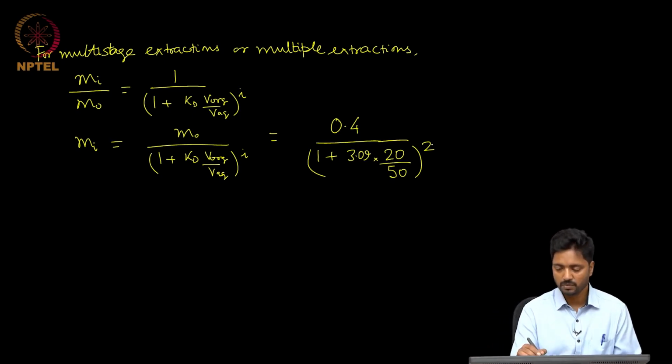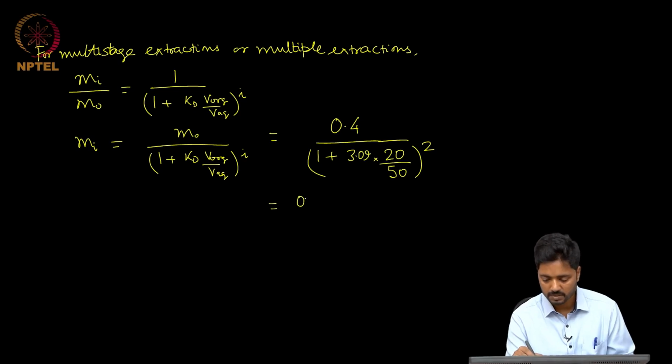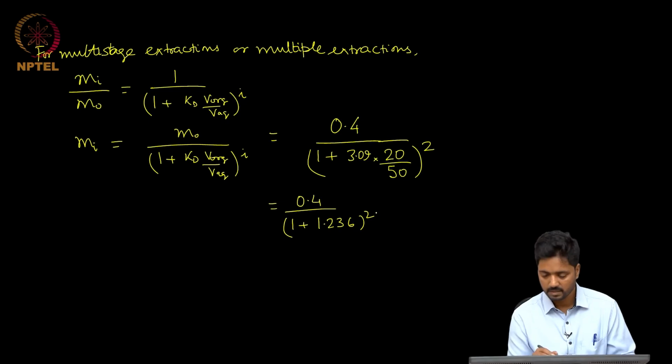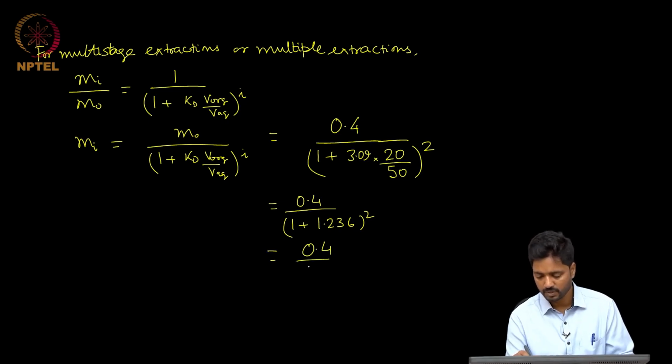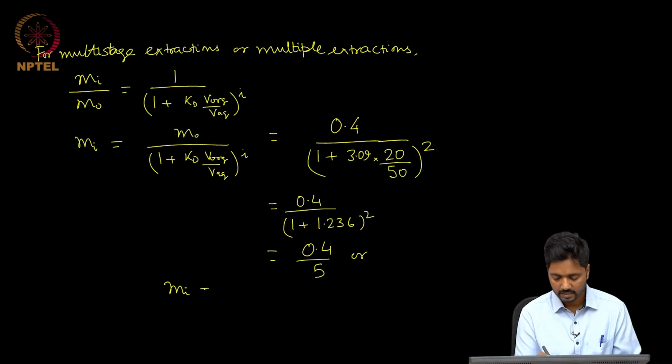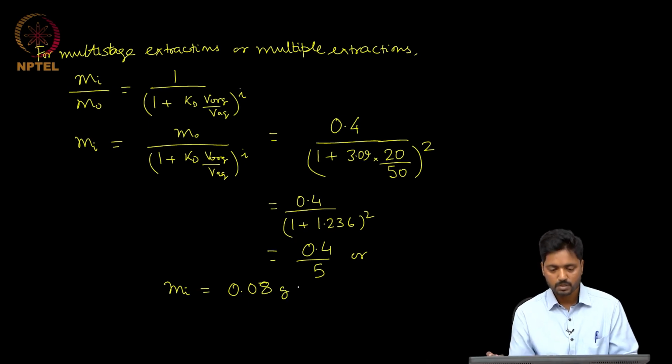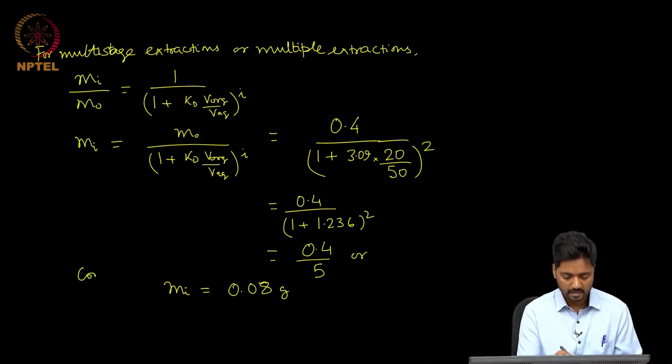When we solve this out, it becomes 0.4 divided by 1 plus 1.236 whole squared, which ultimately becomes 0.4 divided by 5, or finally, Mi is equal to 0.08 grams.